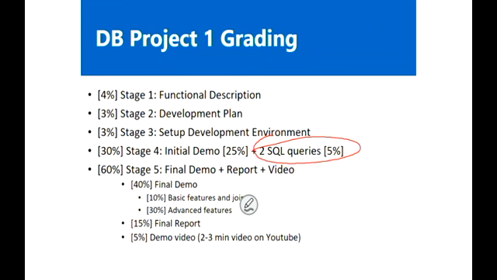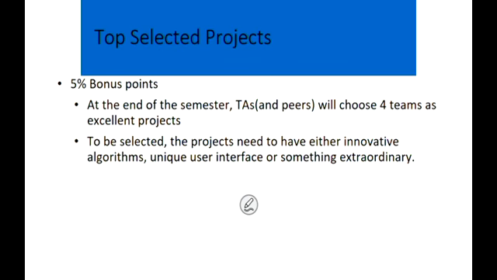You have one more thing here for the stage 4. Those are advanced SQL queries that should be basically from your advanced functions. You need to come up with some sort of queries so that we can evaluate those things. So their weightage is like 5% at this time. So yeah, I think this was pretty much the grading.